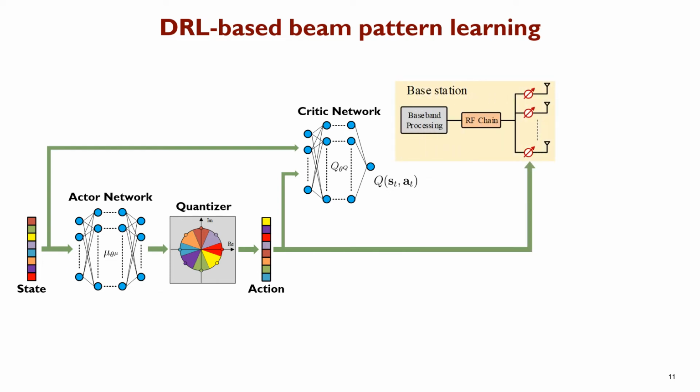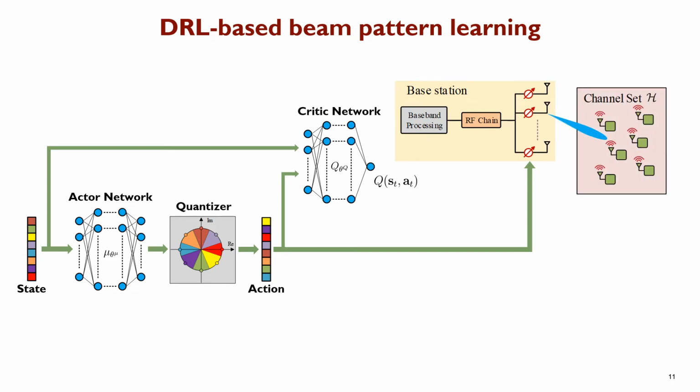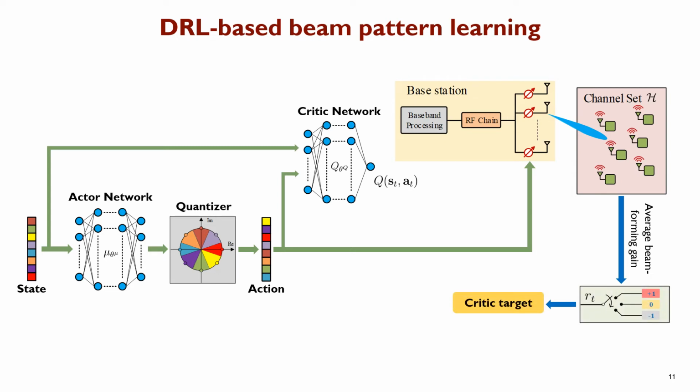Also, this new phase vector will be implemented by the base station, and then the base station will transmit a signal based on this new beamforming vector to the users, and then we average all the beamforming gain received from users to get the reward, and this reward will be used to calculate the target of the critic network.